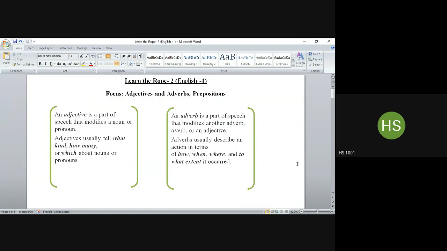adjective. And similarly, an adverb again is a modifier. It modifies another adverb, a verb, or an adjective. It can describe actions in terms of how, when, where, and to what extent they occurred. There are more adverbs, but for the time being, we're only going to focus on how, when, where, which means you're looking at the adverbs of manner, place, time, and degree.